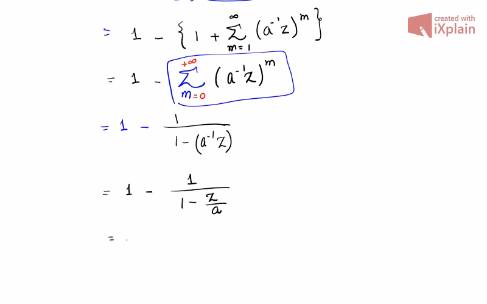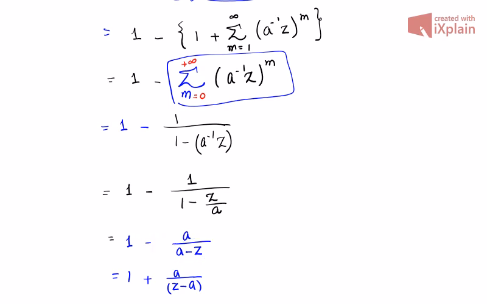Let's try to simplify this. 1 minus a over a minus z, right? Or you can write it 1 minus a over 1 plus a over z minus a. We just take a negative common from this, so it will be z minus a, and it will change this sign to plus.